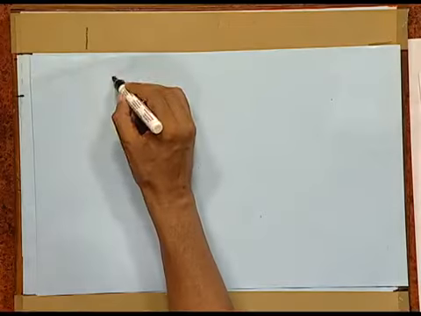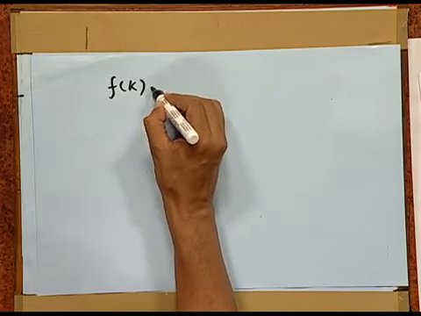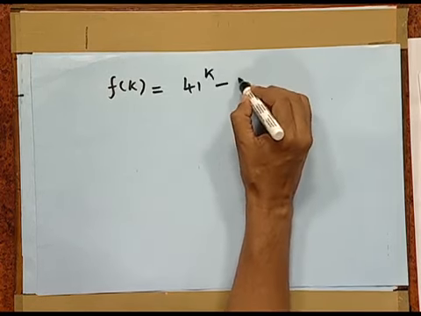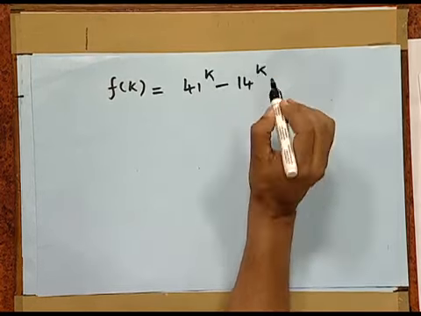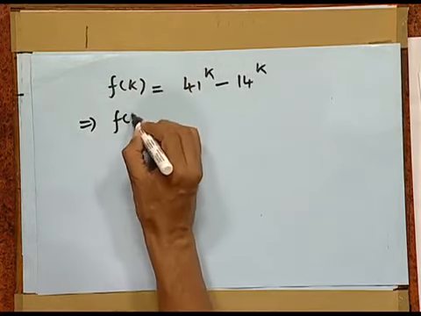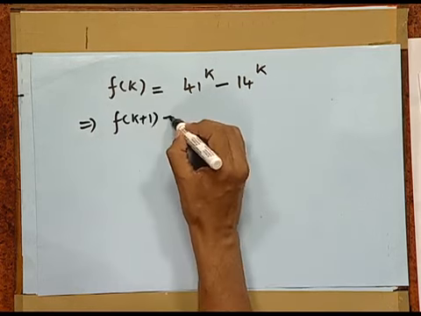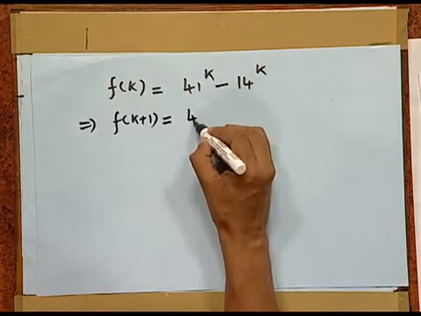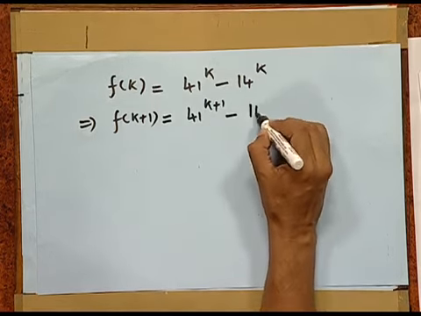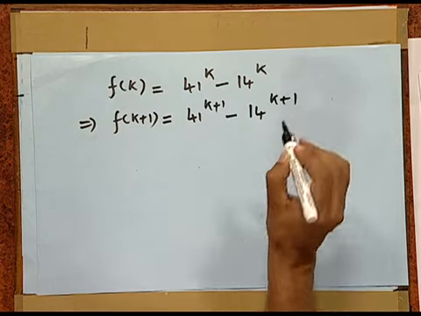Now, for the second step, we have to slightly play some trick. First, we assume that f(k) is 41^k minus 14^k. This implies f(k+1) is equal to 41 raised to power k+1 minus 14 raised to power k+1.